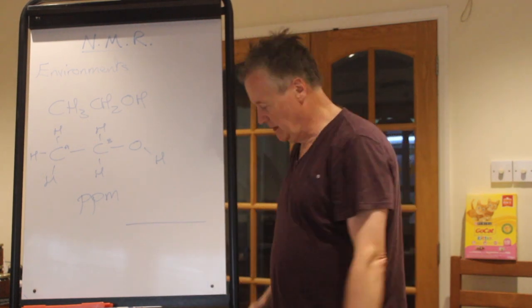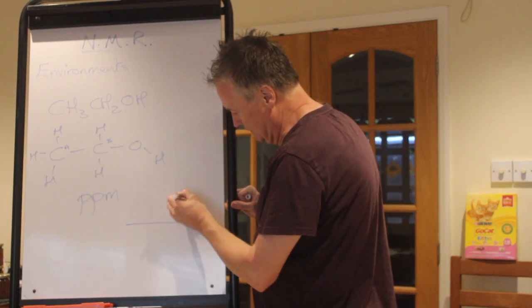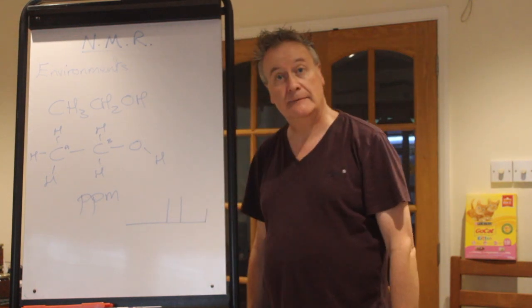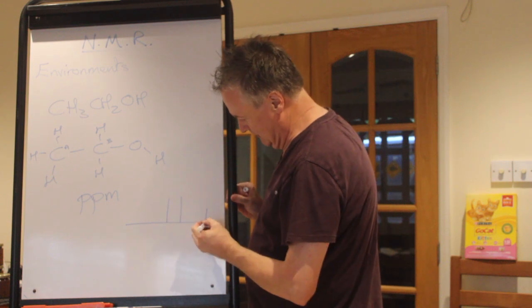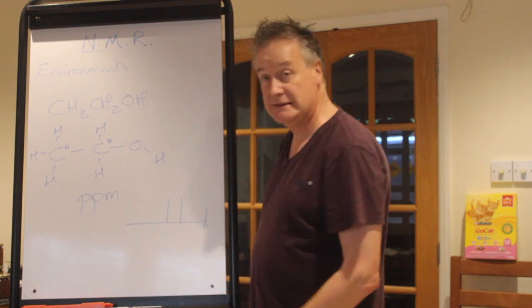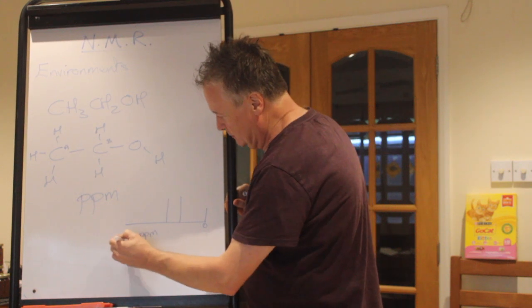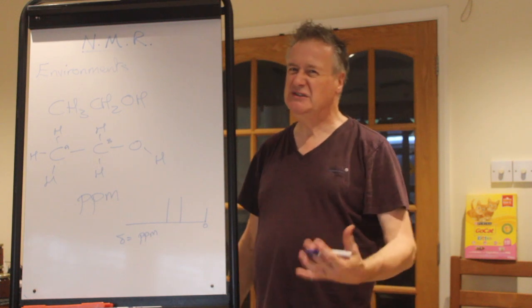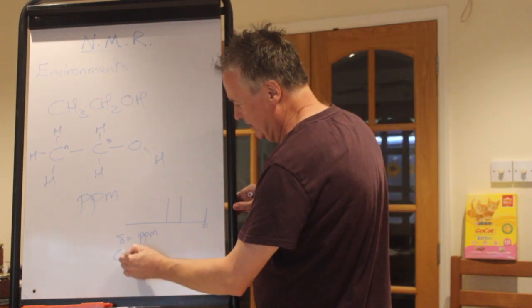What does an NMR spectrum look like? Well, it would look like that. Quite frankly, what does it look like? It has a scale along the bottom. This is the ppm scale. It's called delta, which is annoying because we use delta for partial charges, and it's called a chemical shift.